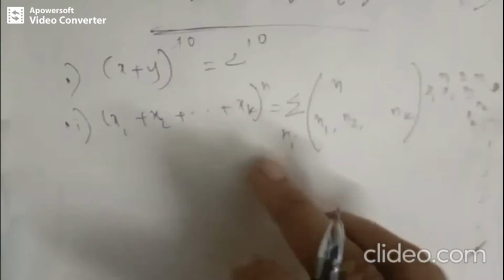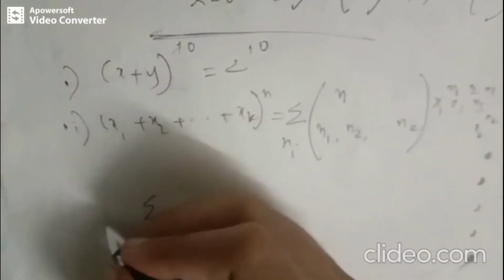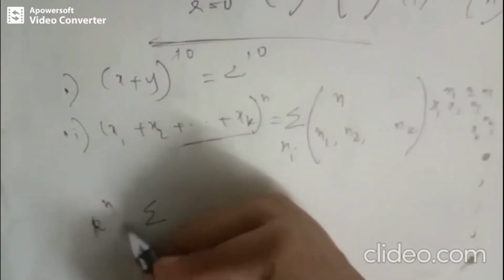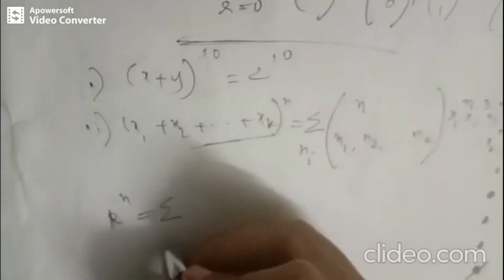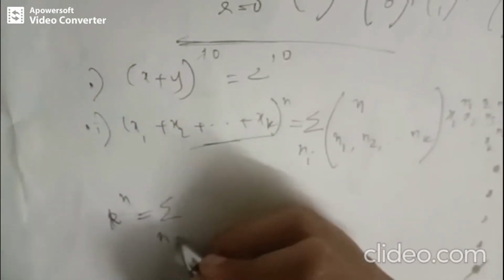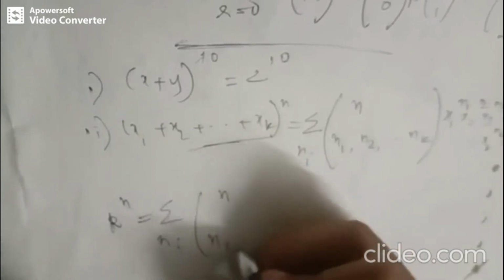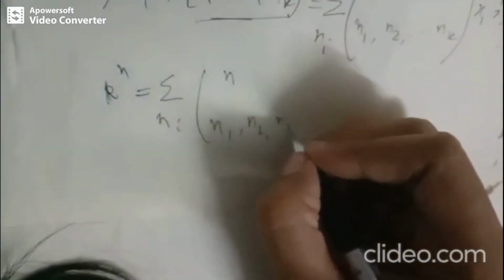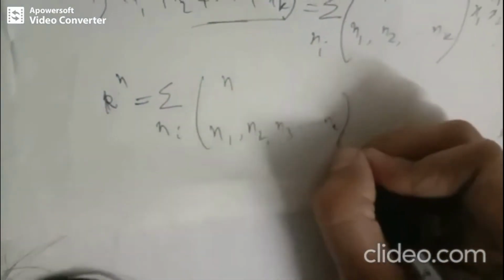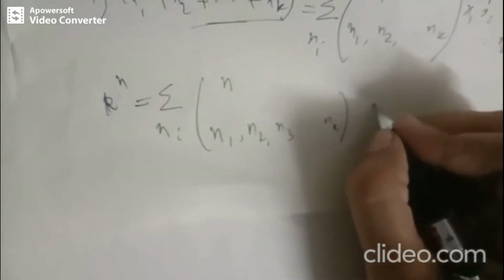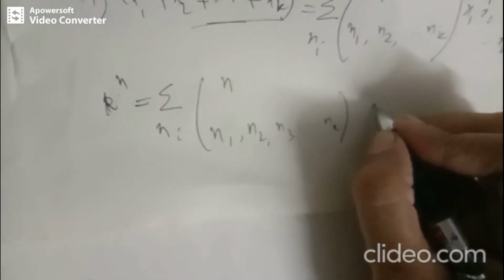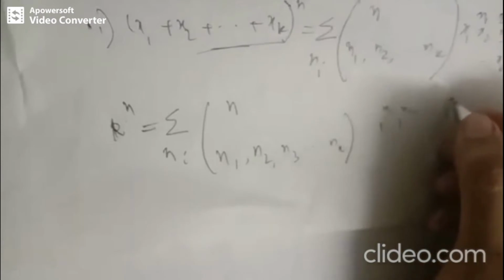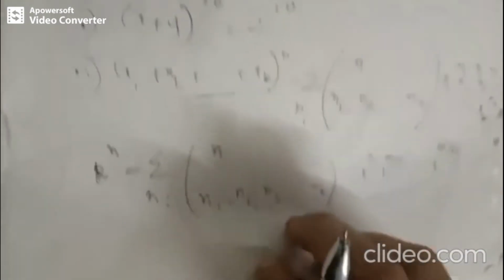We have k terms, so basically it is k raised to n equals the summation of nC n1, n2, n3 and so on up till nk, into, since we are replacing x1, x2, x3 and so on up to xk with 1, we get 1 raised to n1, 1 raised to n2 and so on up to 1 raised to nk, which is nothing but 1 itself.